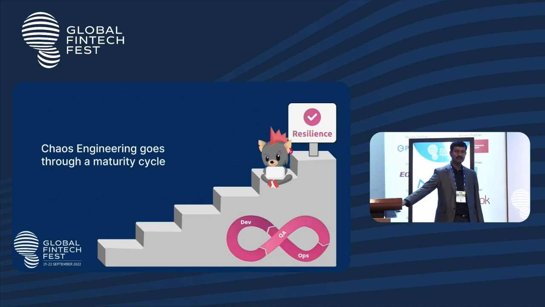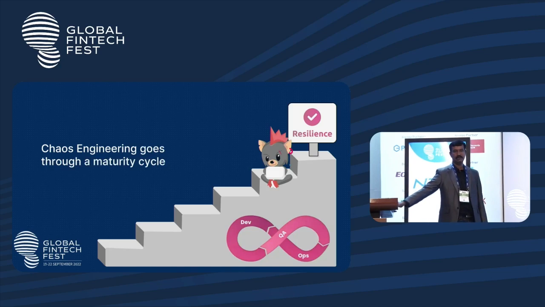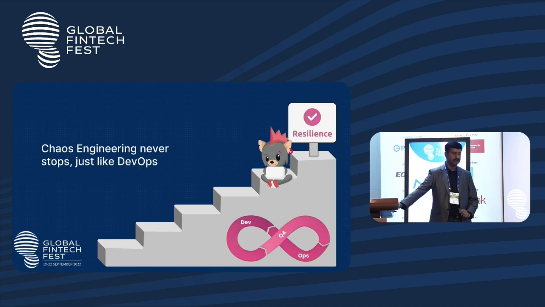And it also goes through a maturity cycle, right? Chaos engineering, I'm practicing at a beginner level or a medium level or at an expert level. And chaos engineering never stops. You can never say that I'm done with chaos engineering, because the moment you say you're done with chaos testing, there is the possibility of new changes being introduced, and there are new outages that can happen, right?